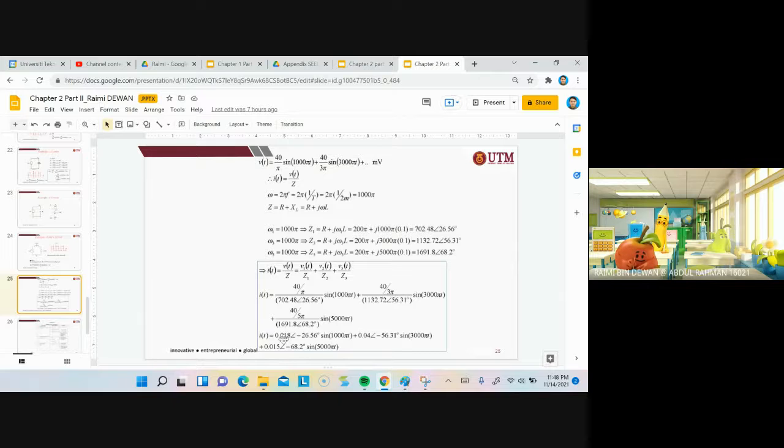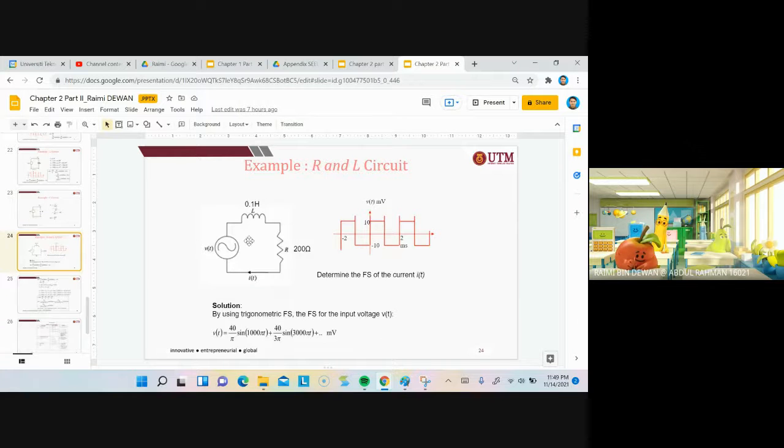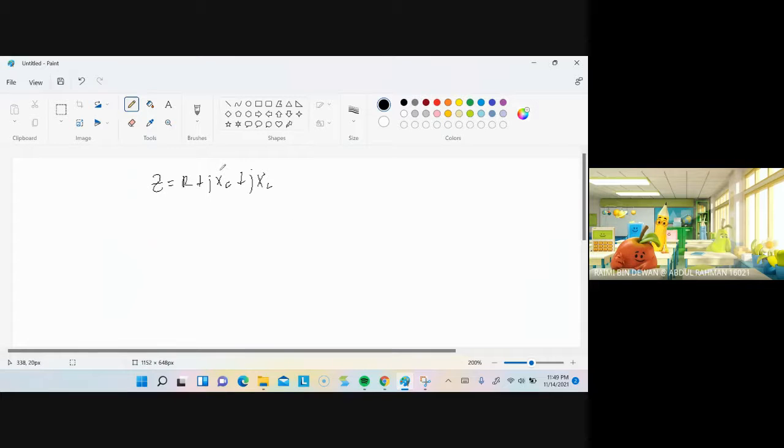And then you have your I equals Vt over Z, 40 pi over your Z. So your Z, you need to solve first, which is j omega L. This one is not related because it's capacitance, so it is 0.